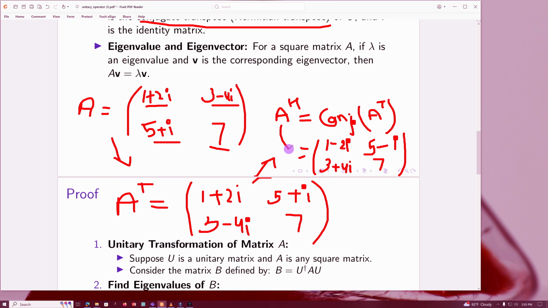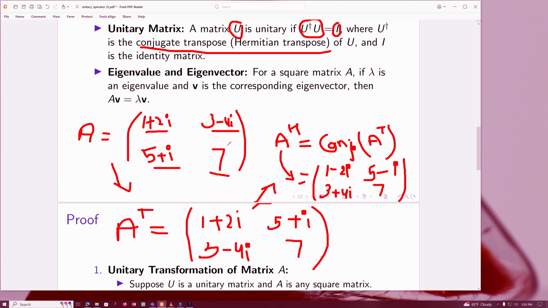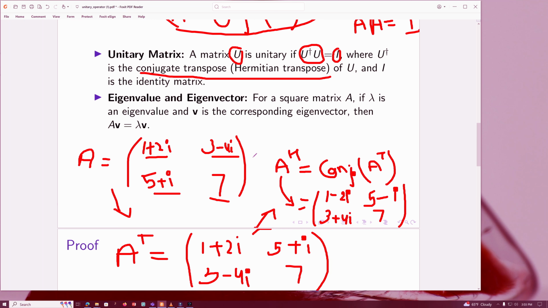This is the Hermitian transpose, or the complex conjugate transpose, of the matrix A. So this is the way we calculate the Hermitian transpose. So U is a unitary matrix whose Hermitian transpose when multiplied with itself gives an identity matrix. An identity matrix is a matrix whose diagonal elements are all 1 and all other elements are 0.